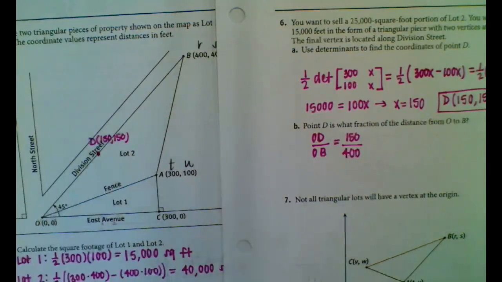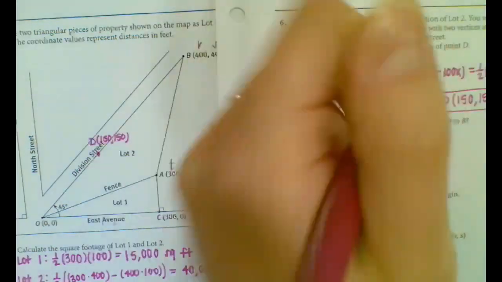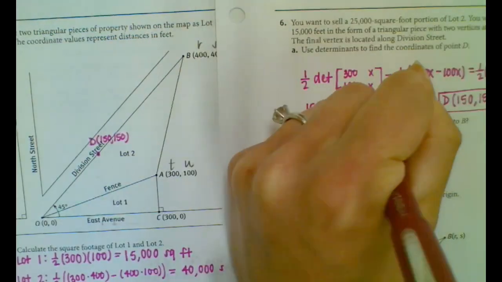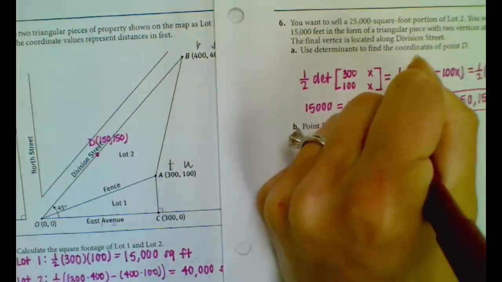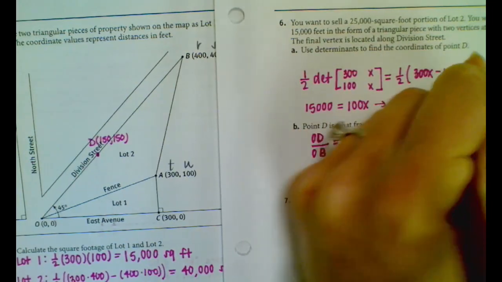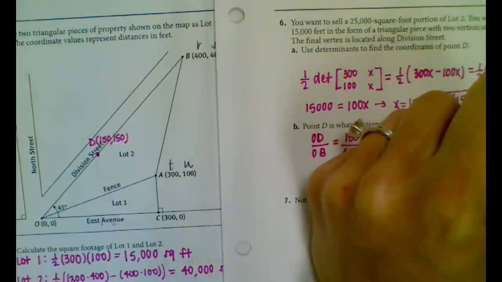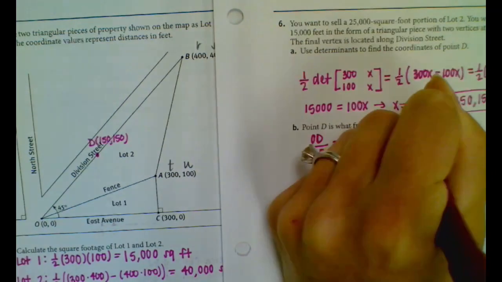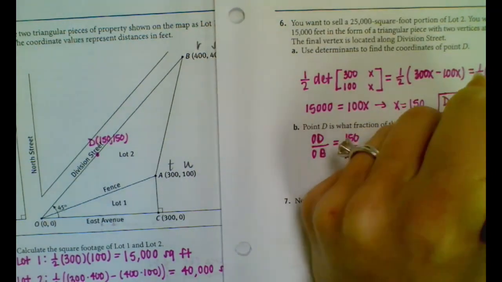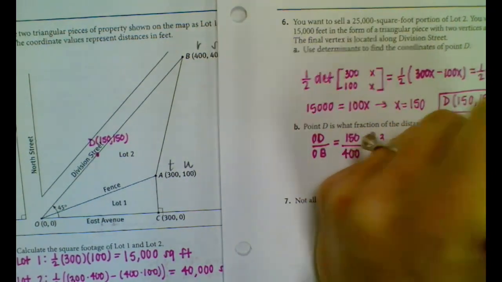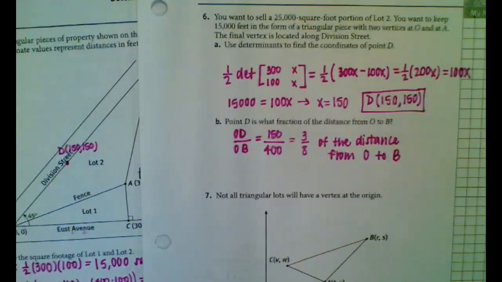And then if you type that on your calculator, that is 3/8 of the distance from O to B. Okay?